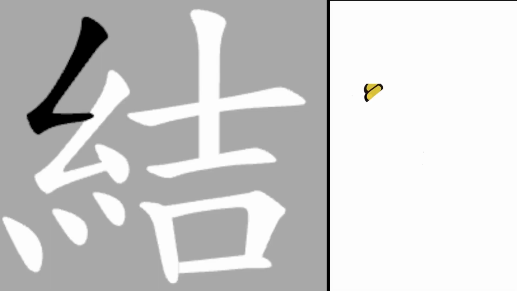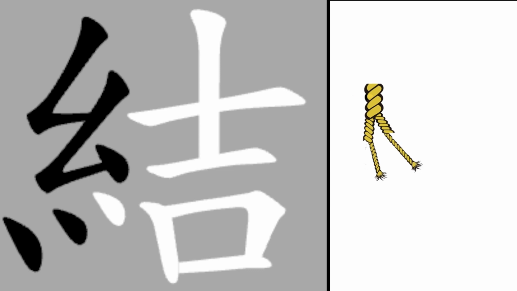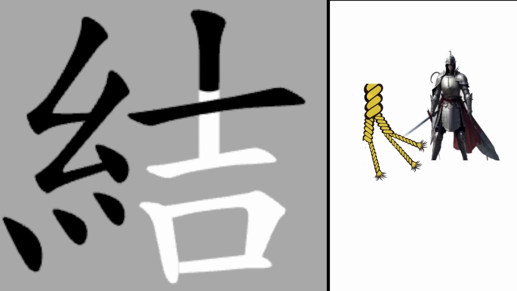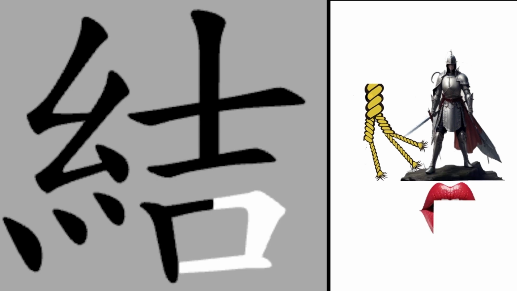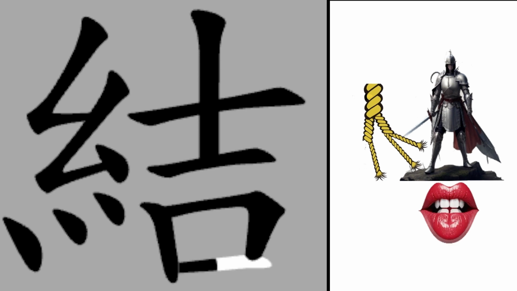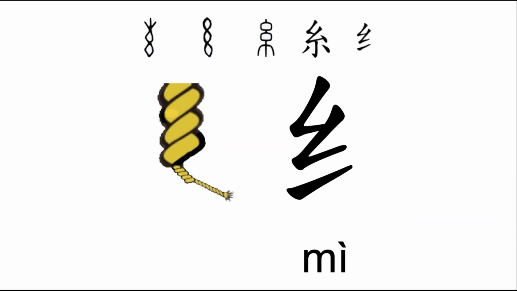The simplified character for 结 merges the 3 dots that represent the 3 strands of rope into a single stroke that goes from left to right and up.